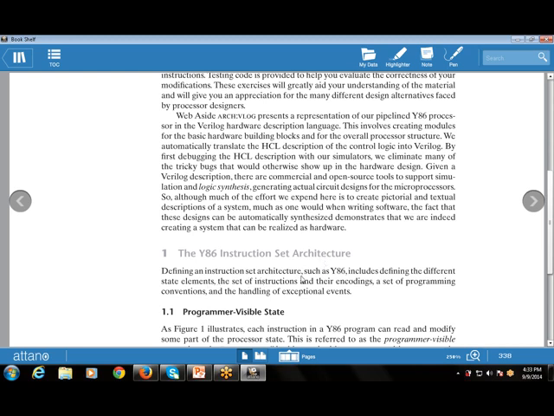Defining an instruction set architecture such as Y86 includes defining the different state elements, the set of instructions and their encoding, the set of programming conventions, and the handling of exceptional events.